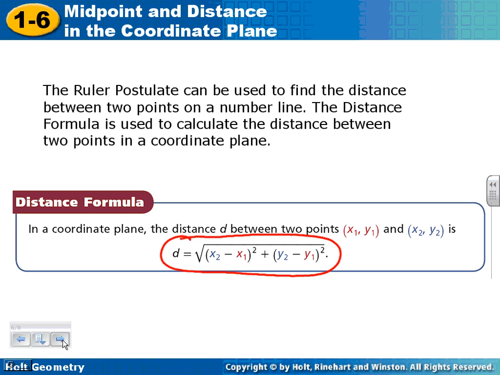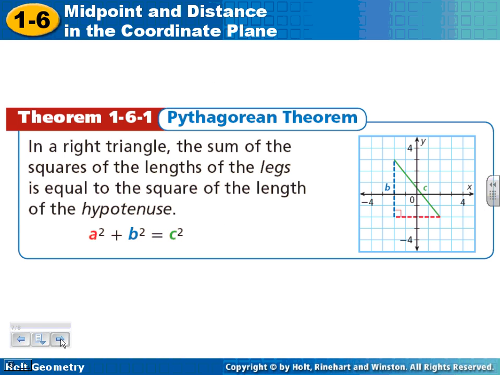Now the distance formula. If you look, Pythagorean theorem. You should be familiar with this. Pythagorean theorem is given by this right here. A squared plus b squared equals c squared.